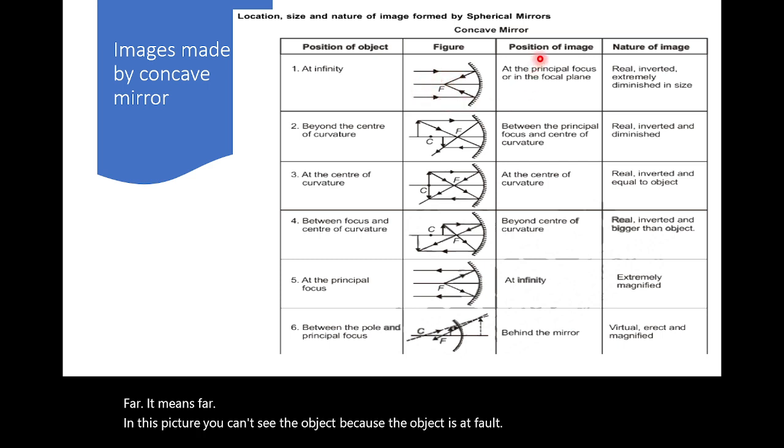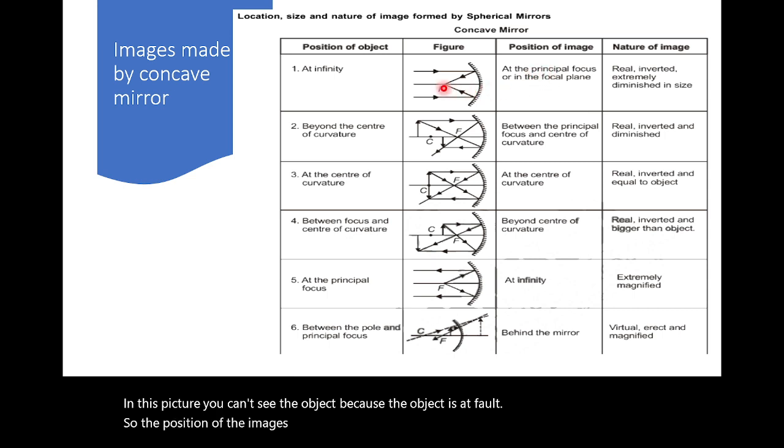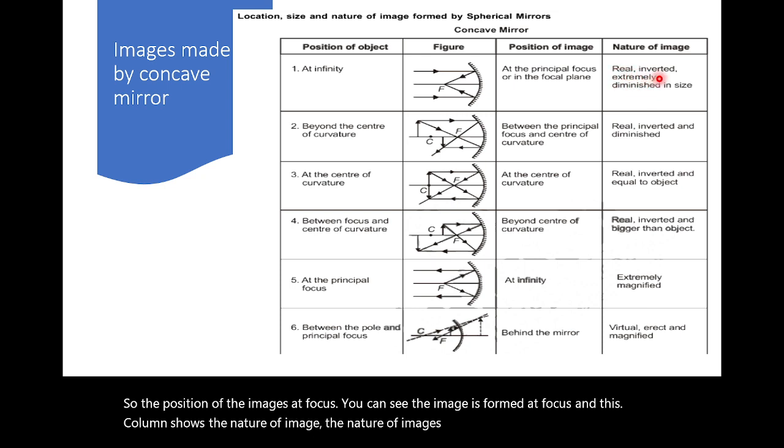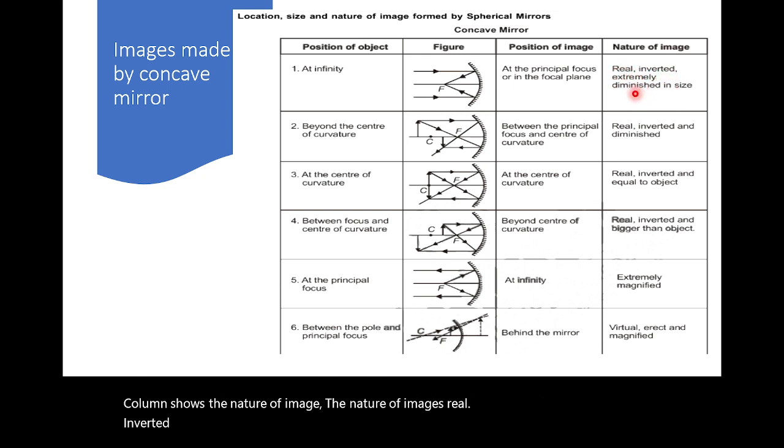So the position of the image is at focus. The image is formed at focus. And this column shows the nature of the image. The nature of the image is real, inverted, and very, very small, a point size, like a point.